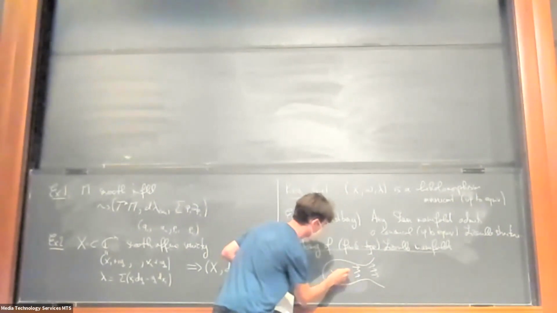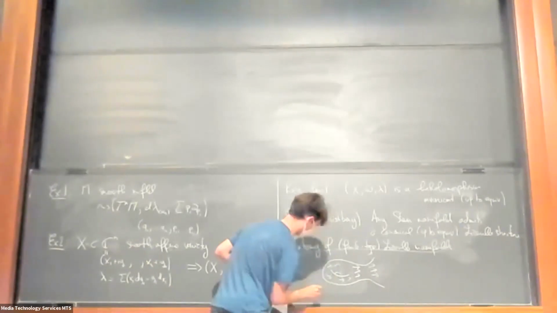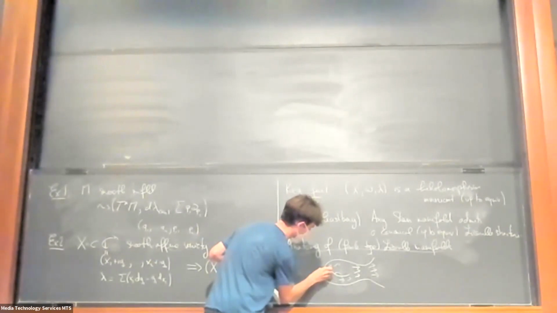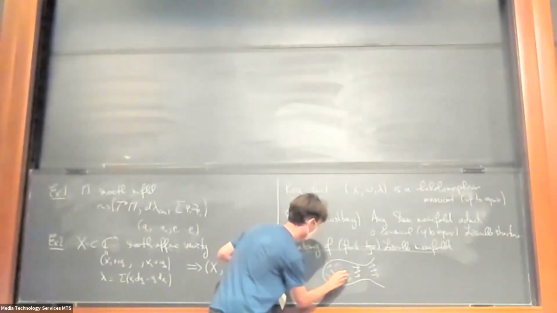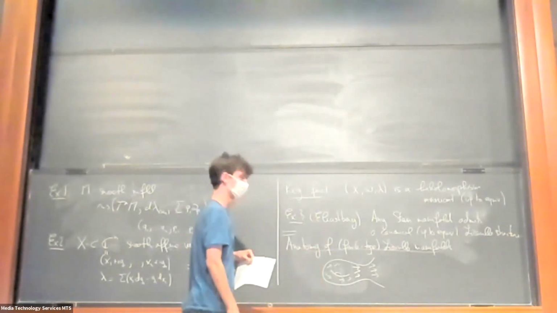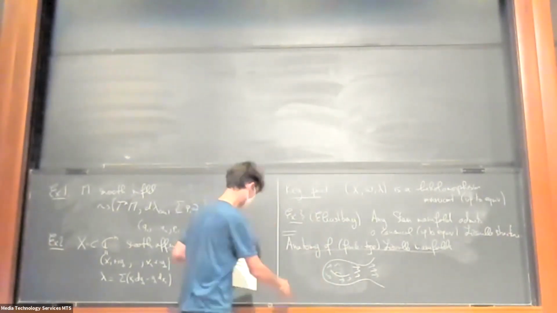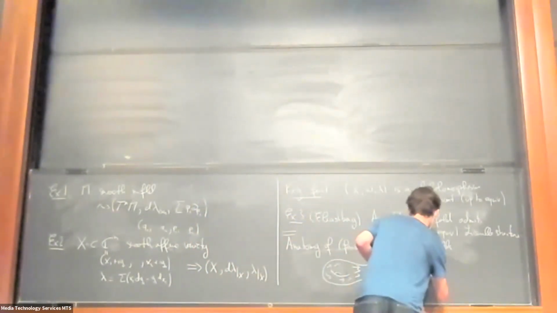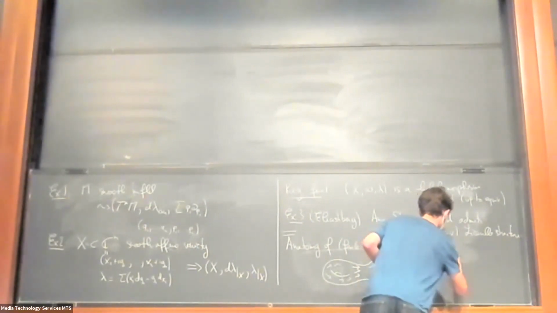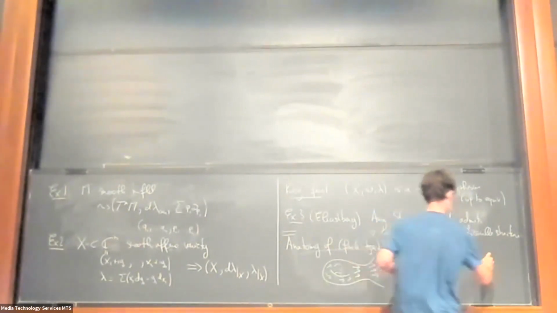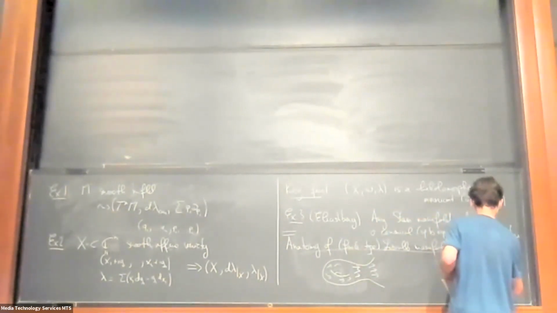So I want to draw the flow a little bit more. So this green subset is going to be represented as follows. It depends entirely on this Liouville vector field, and it has a name. It's called the skeleton. So the skeleton of X, omega, V is the set of points.